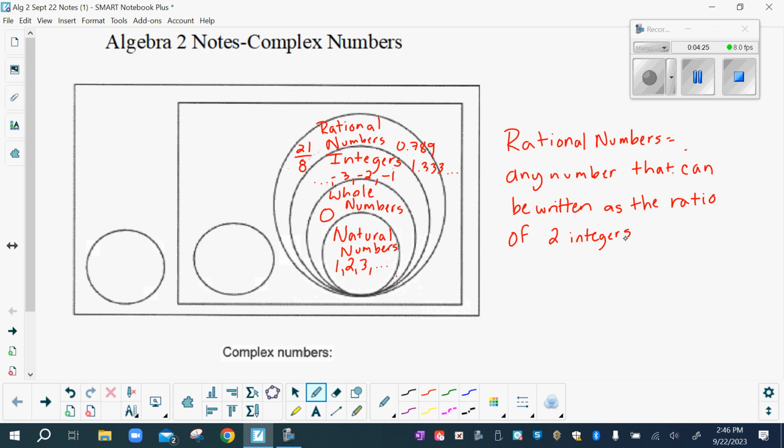Here we're going to talk about a division symbol. So for example, 21/8 is a ratio of 2 integers. So how would we get 2 to be the ratio of 2 integers? What would 2 be equal to? 2 over what number? 1. 2 over 1. And we could have other numbers that equal it, like 4/2, for example. So those are rational numbers.